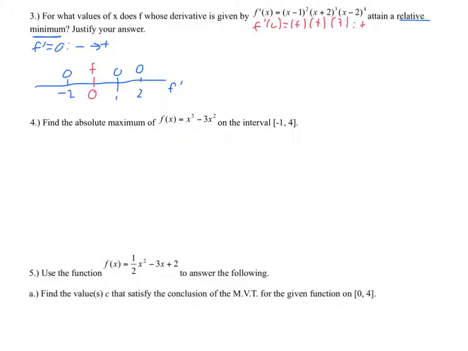Now it doesn't matter which way I fill in these signs. I'm going to go to the left side of negative 2. Negative 2 came from this factor, and the exponent of that factor is odd. So because that exponent is odd, whatever the sign is on the right side, it's going to be the opposite on the left side.